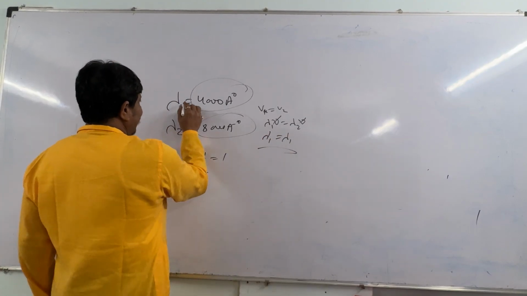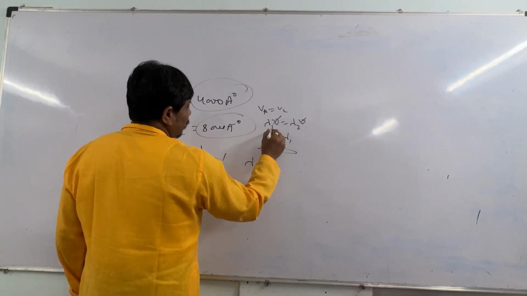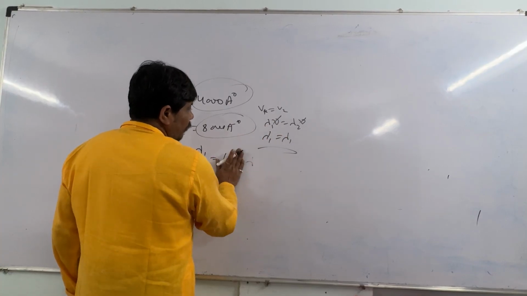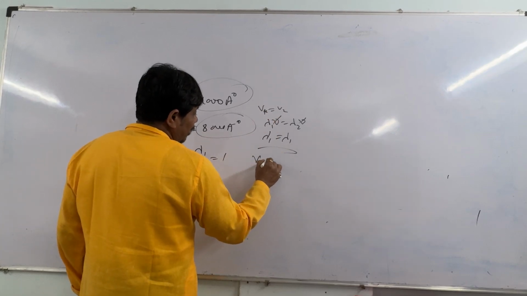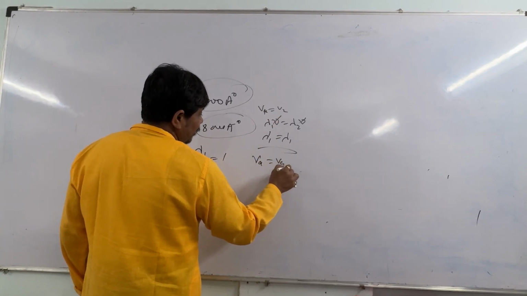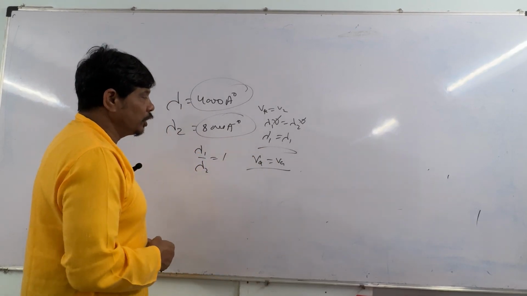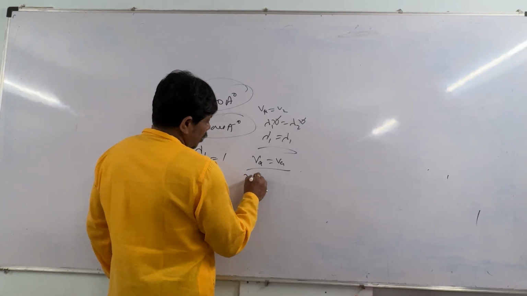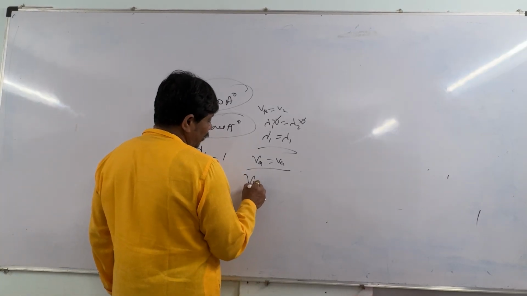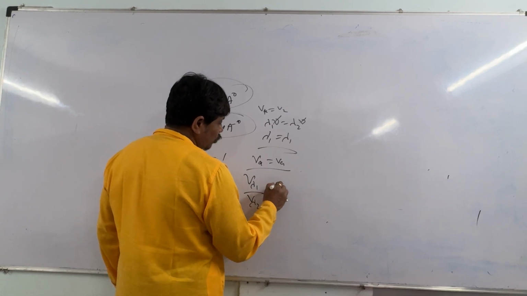If lambda 1 and lambda 2 are the same, it means the velocity in air is the same. So the velocity of both wavelengths is the same. So the velocity of lambda 1 upon the velocity of lambda 2 is the same.